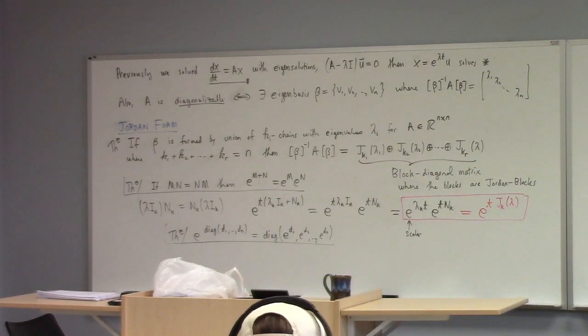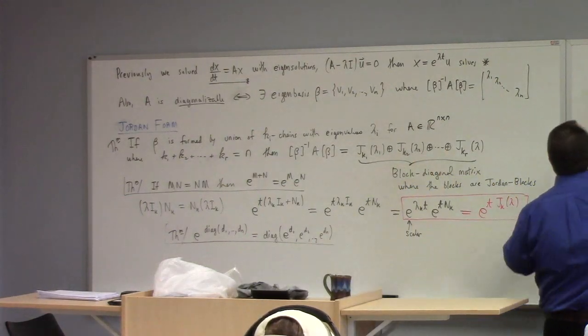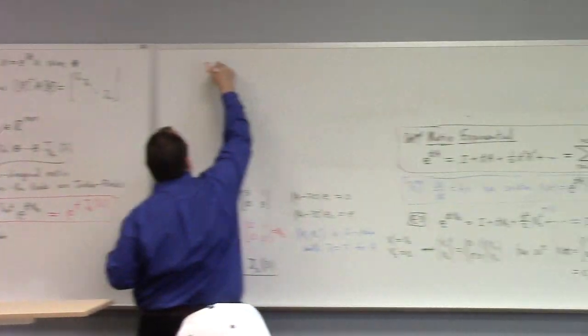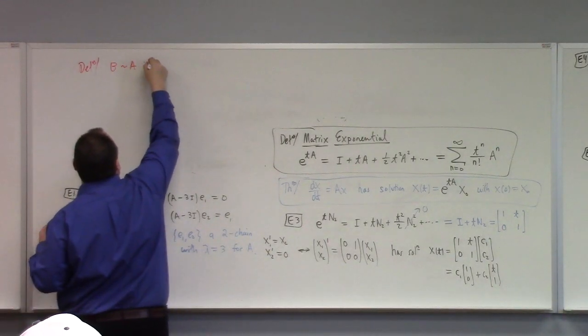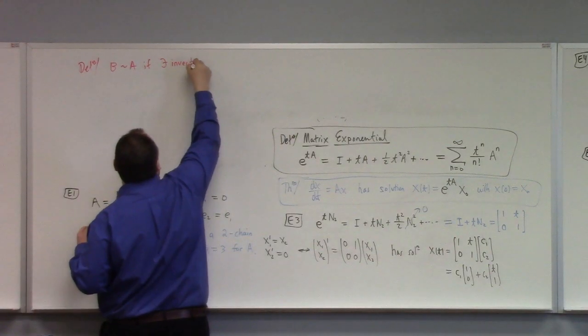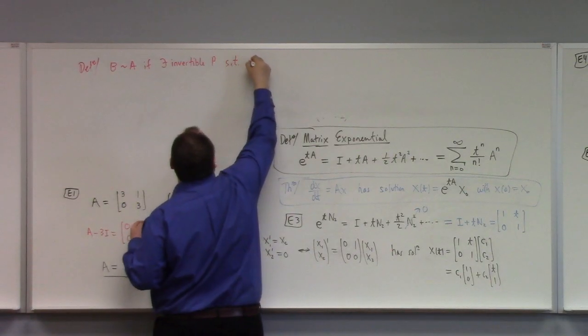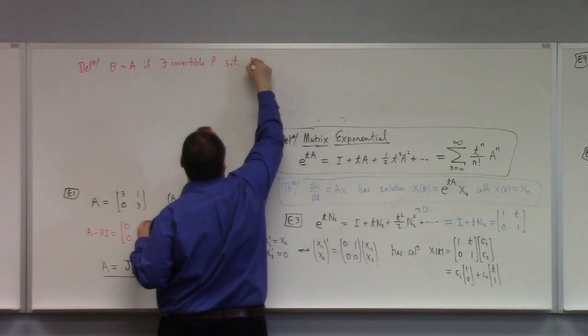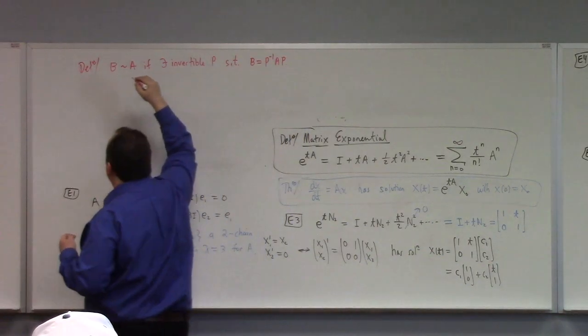Because the matrix exponential plays nice with similarity transformation. So, definition: B is similar to A if there exists an invertible P such that B is equal to P inverse AP. All right?